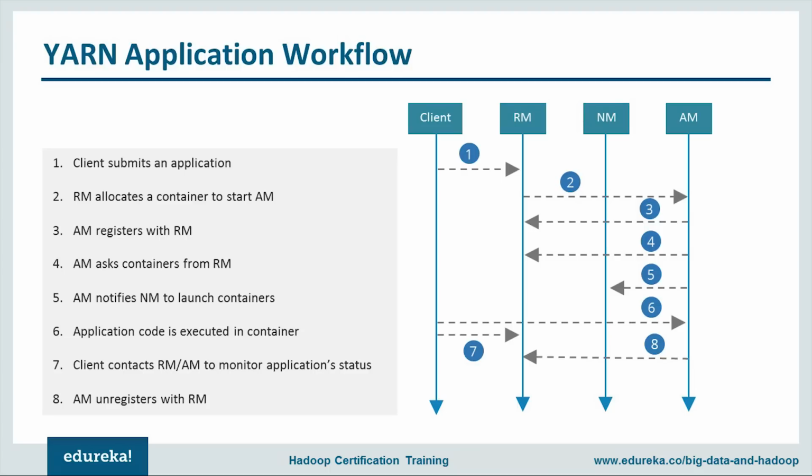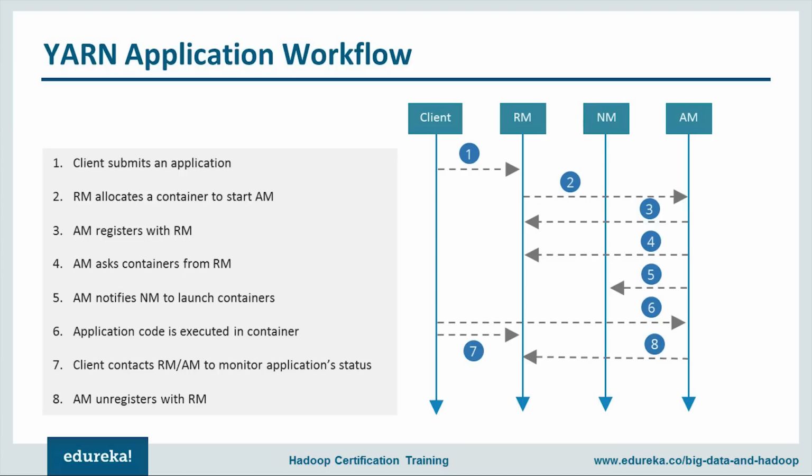Now, let's take a look at the entire Yarn application workflow step by step. The first step is that the client submits an application to the resource manager. Then the resource manager allocates a container to start the app master. Then the app master registers with the resource manager and tells it that an app master has been created and is ready to oversee the execution of the code. Then the app master asks for containers from the resource manager.